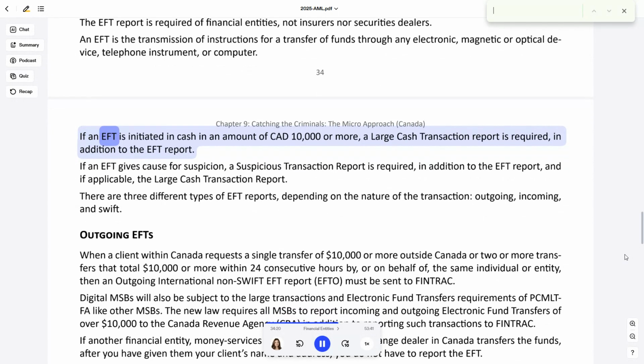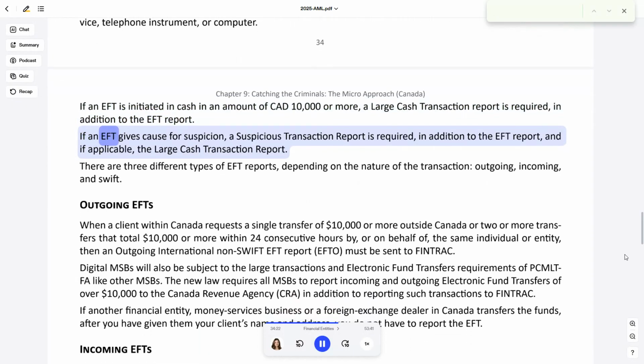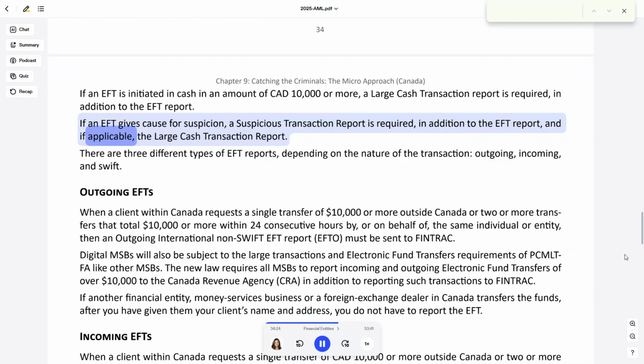If an EFT is initiated in cash in an amount of CAD 10,000 or more, a large cash transaction report is required, in addition to the EFT report. If an EFT gives cause for suspicion, a suspicious transaction report is required, in addition to the EFT report, and if applicable, the large cash transaction report.